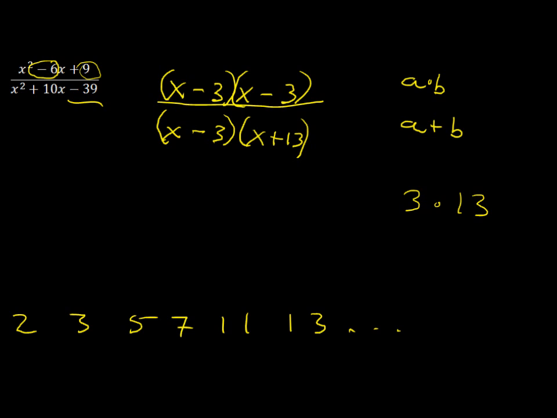So the -3 times the +13 will give us the -39, and the +13 together with the -3 gives us the +10. Okay, now what happens? Just like before, this x minus 3, just say, okay, it's a blob, and here we got one here. They divide each other out, and all that's left is x minus 3 on top and x plus 13.